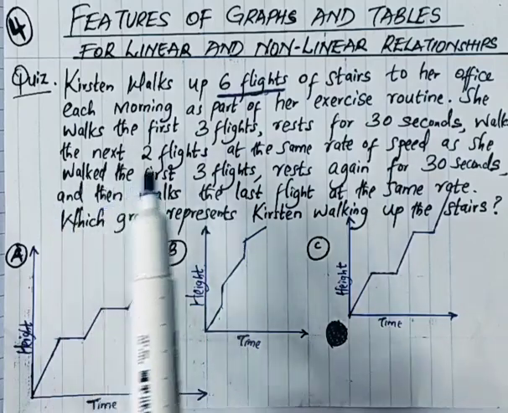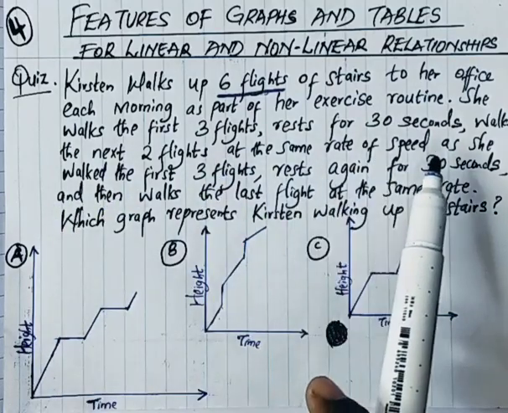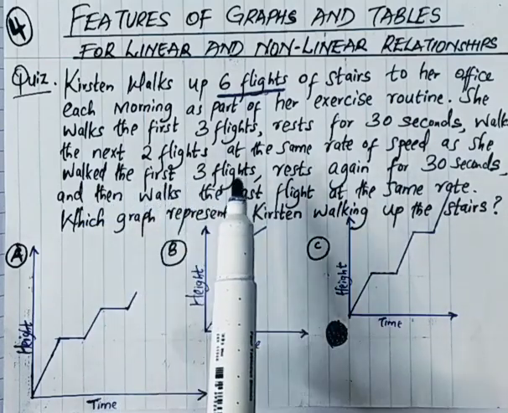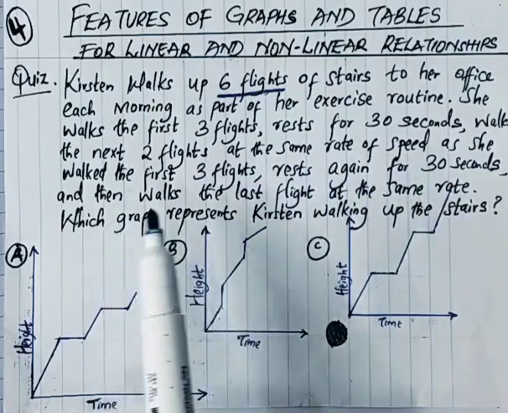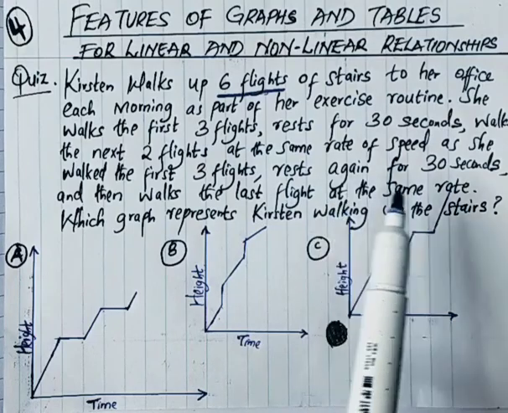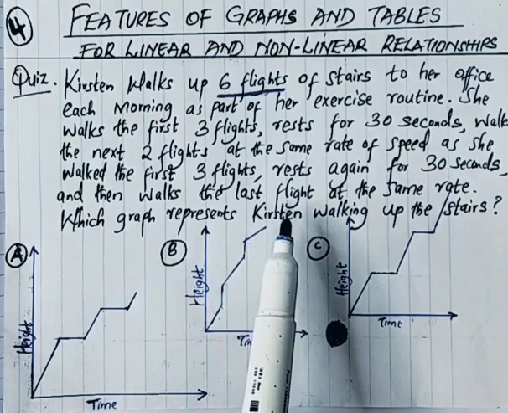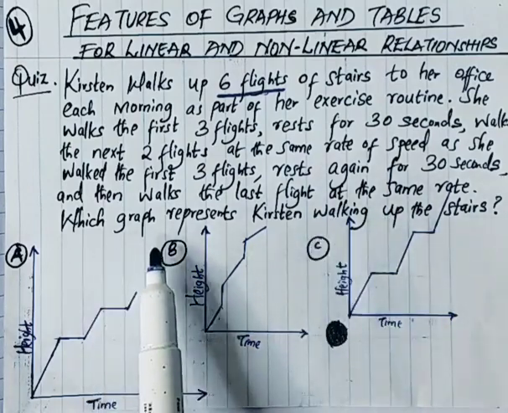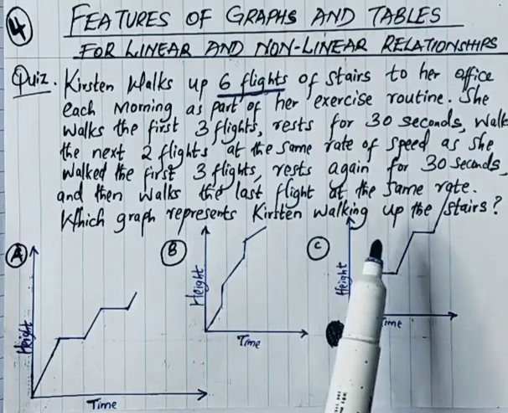She walks the first 3, rests for 30 seconds, walks the next 2 flights at the same rate of speed as she walked the first 3 flights, rests again for 30 seconds, and then walks the last flight at the same rate. Which graph represents Kirsten walking up the stairs?